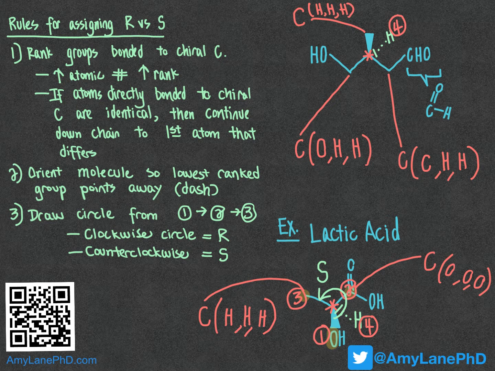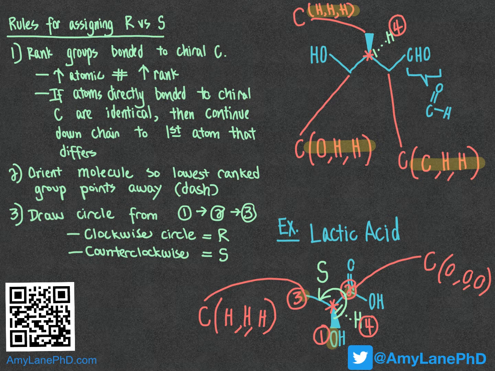Now, with that in place, what we do is compare what we have in the parentheses here versus here versus here, in my yellow highlighter, as our tiebreaker. Taking a look at each, the highest ranked atom here is a carbon, the highest ranked atom here is an oxygen, and the highest ranked atom here is a hydrogen. Oxygen has a higher atomic number than carbon, and carbon has a higher atomic number than hydrogen, and therefore what breaks the tie is this oxygen atom outranking the carbon atom here, outranking the hydrogen.